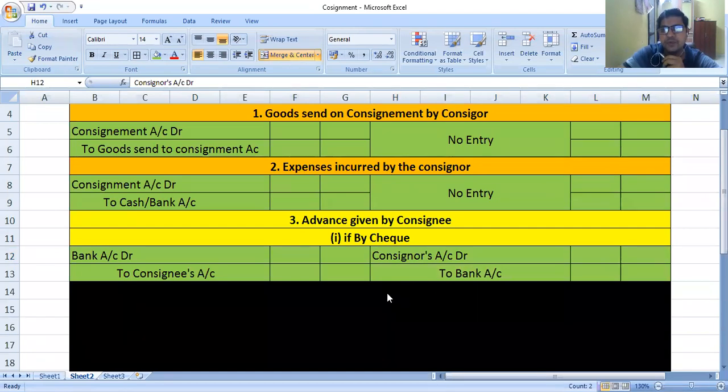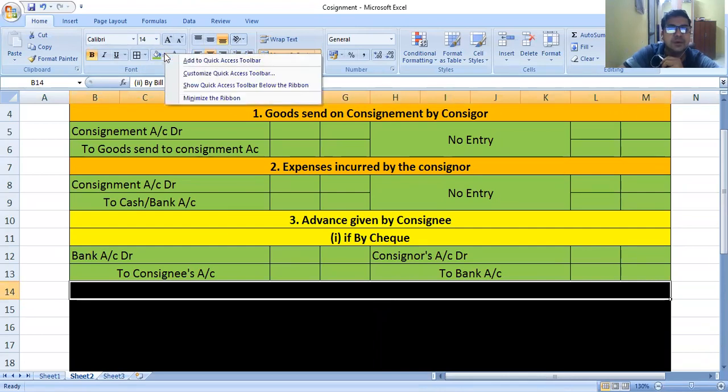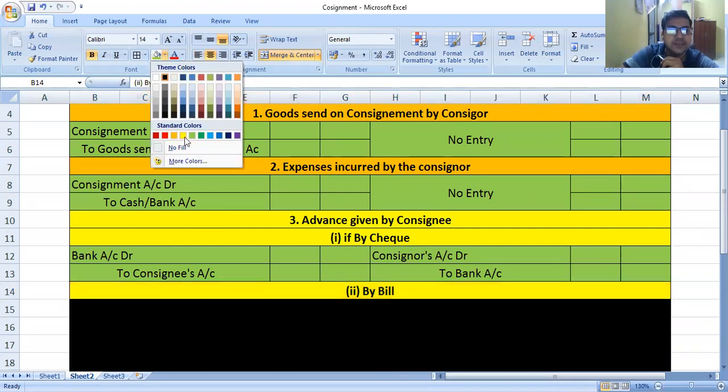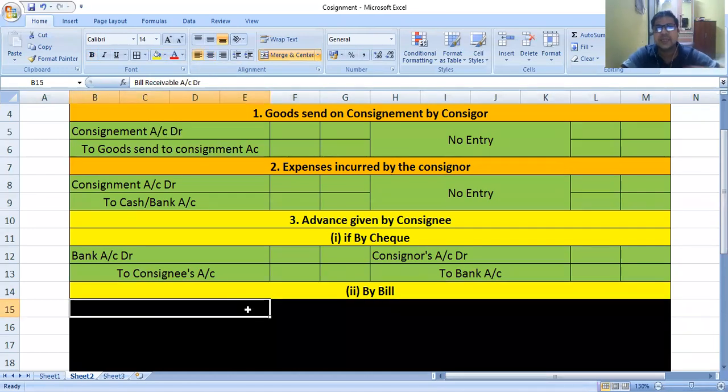Now we will move further. Whenever the advance is given by the consignee by bill, meaning they will draw a bill of exchange, which you studied about. So consignor is the drawer and consignee is the drawee.